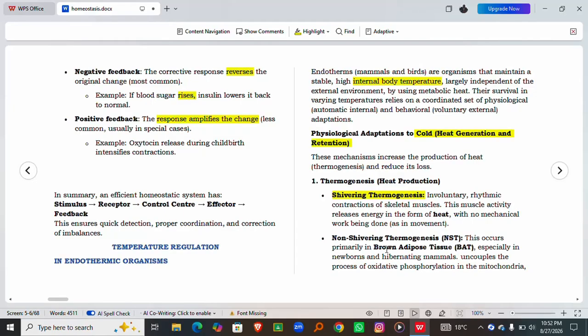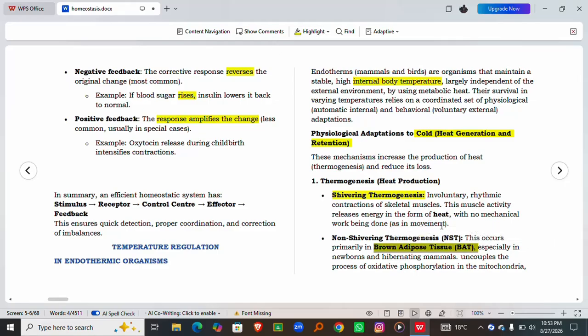The second point is non-shivering thermogenesis. This one occurs because we have the subcutaneous fat. The subcutaneous fat is what we call the brown adipose tissue.